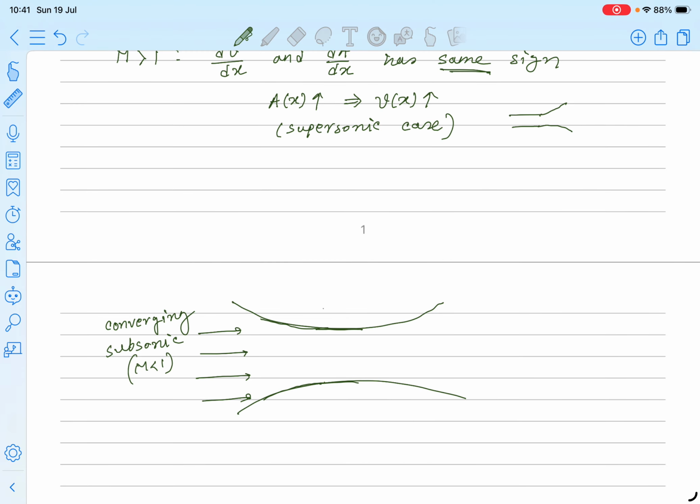At this point V equals Cs. Here dA/dx is 0.